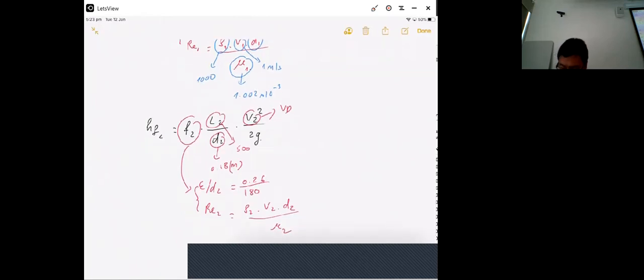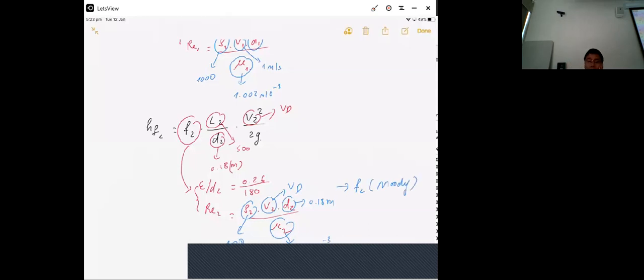Here only V2 is different, equal to VD, and D2 is 0.18 meter. The density is constant at 1000, and mu2 is constant at 1.002 times 10 to the minus 3 because the temperature is constant. From this, you find F2 from Moody.